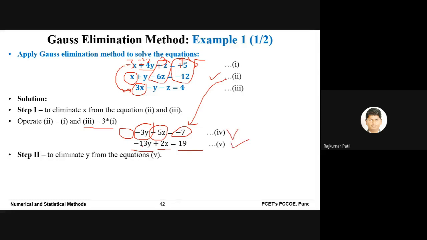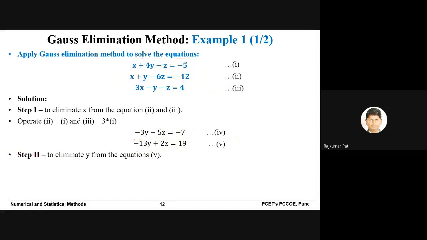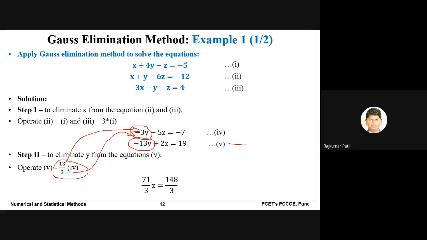Then we will eliminate y from equation number 5. How will you do that? Operate equation 5 minus 13 by 3 times equation number 4. When you multiply by minus 13 and divide by 3, this term will become plus 13y.